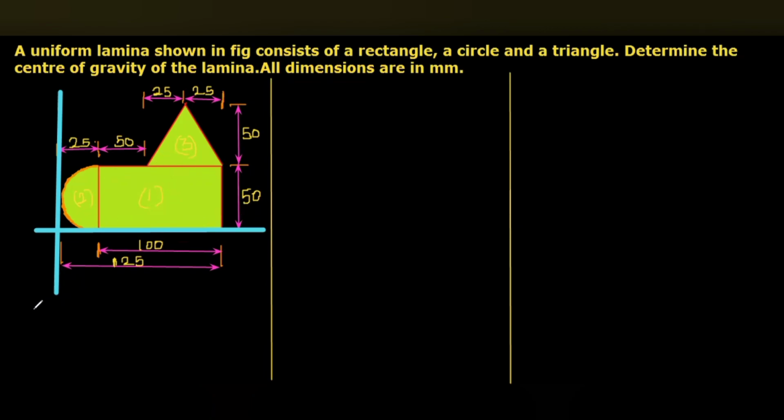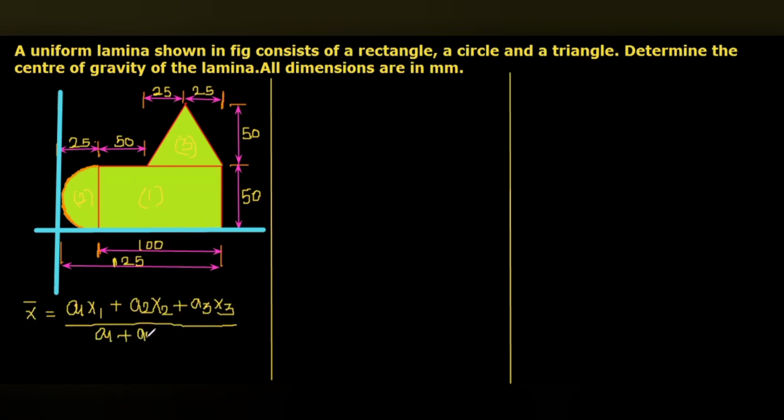So we can take the x bar formulas. And here it is a lamina, so we have to consider the areas of the laminas. So x bar equals A1 x1 plus A2 x2 plus A3 x3 divided by A1 plus A2 plus A3.